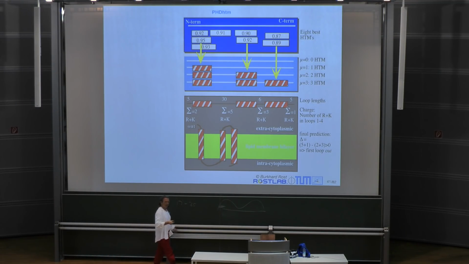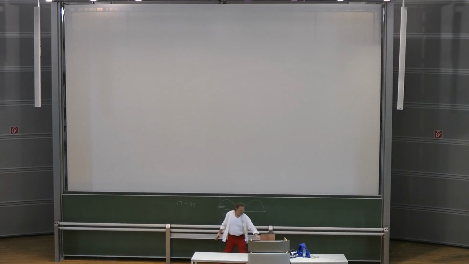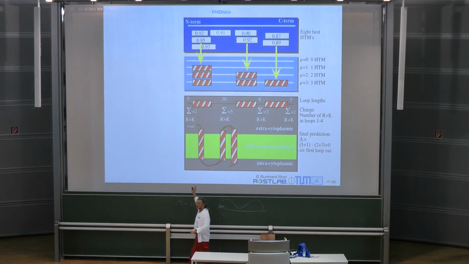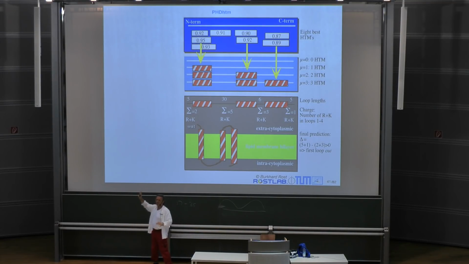On this slide, of all possible segments between 17 and 25 in my energy landscape, I found 8 segments, on the top panel. 1, 2, 3, 4, 5, 6, 7, 8. Each of these is a possible membrane helix.